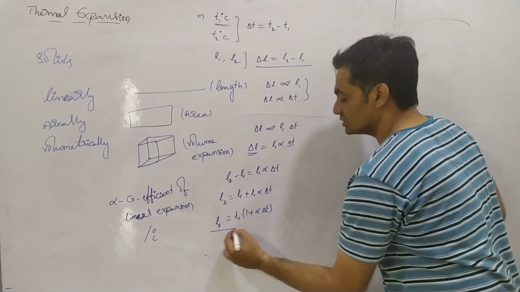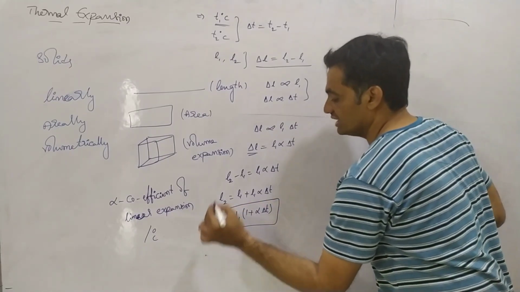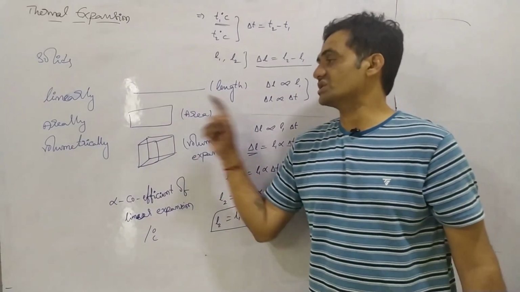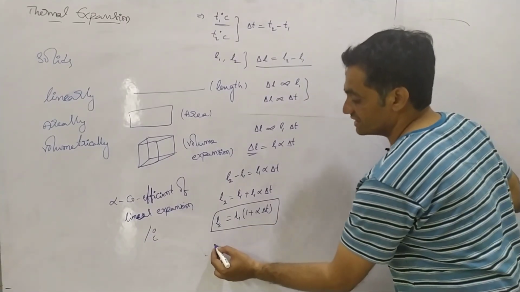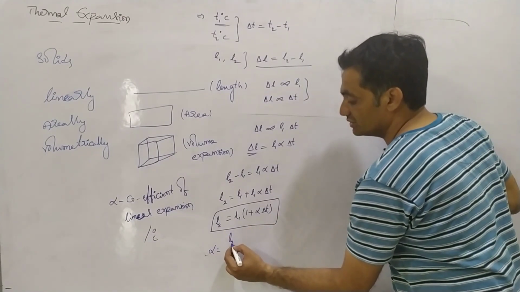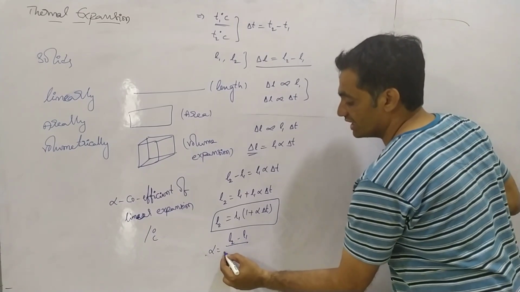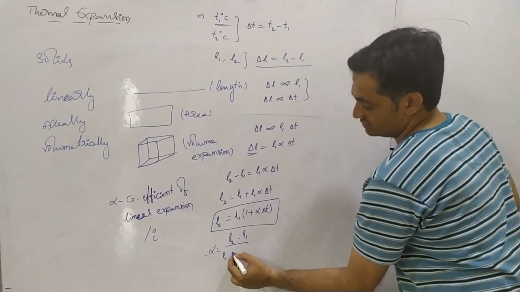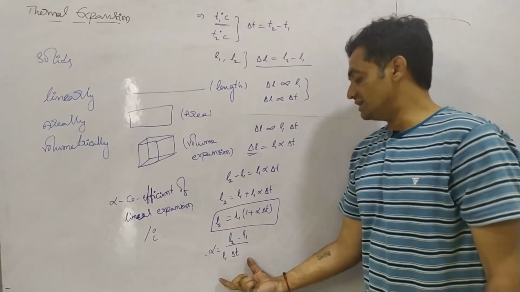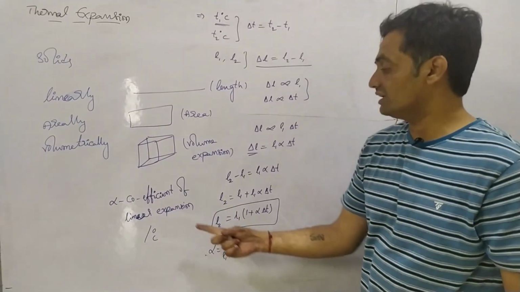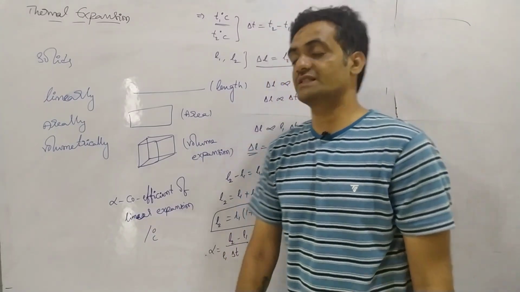This shows the equation for linear expansion. Or we can also represent it as alpha equals (L2 minus L1) by L1 into delta T. This is the expression for the coefficient of linear expansion.